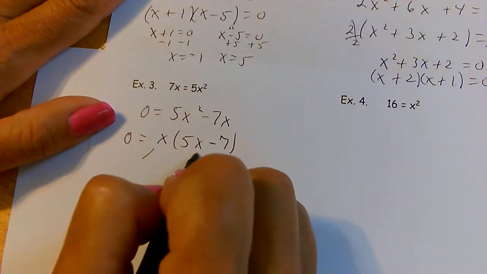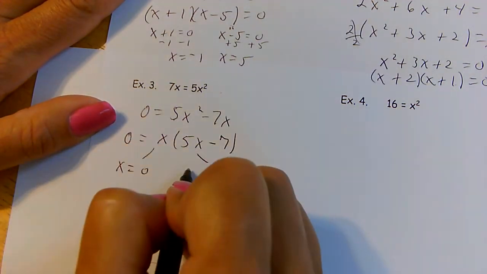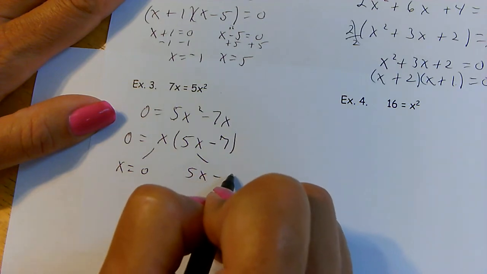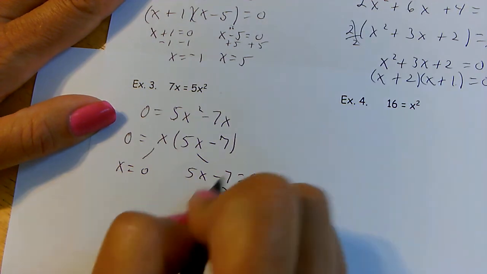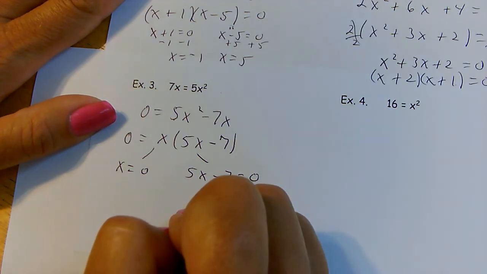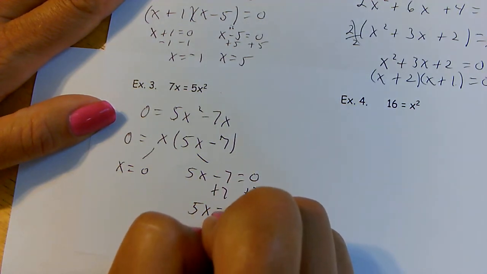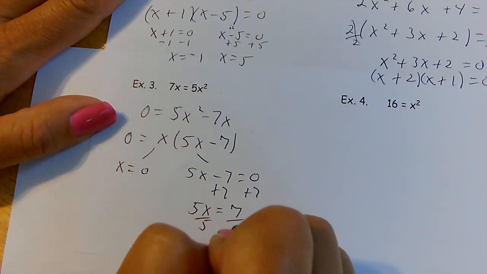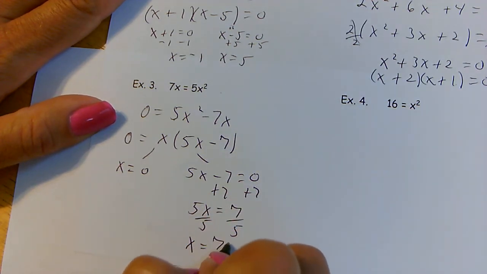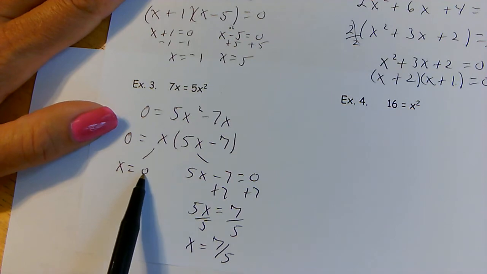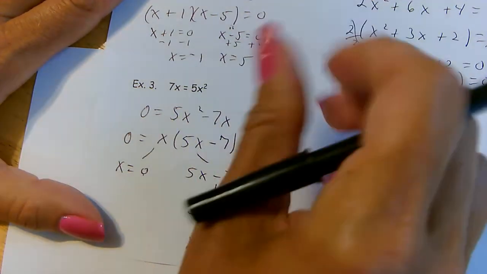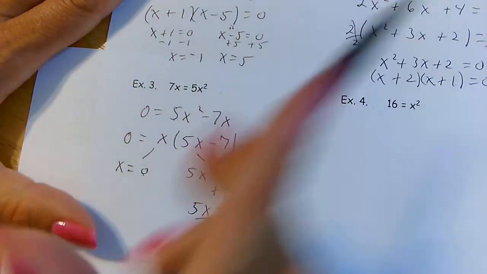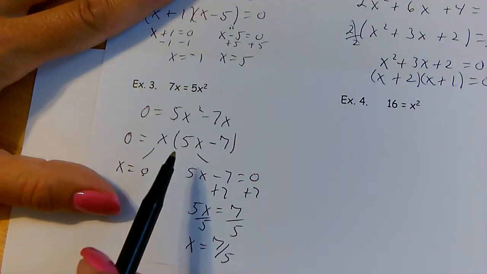So now I set equal to 0 to solve. So the solution can be 0 or 7/5. Notice I have no c. When you have no c, one of your solutions will always be 0.